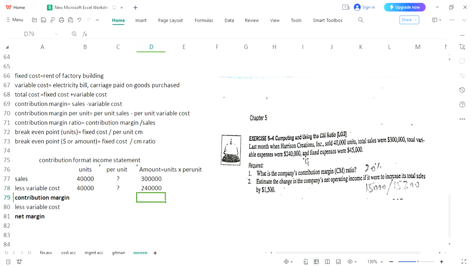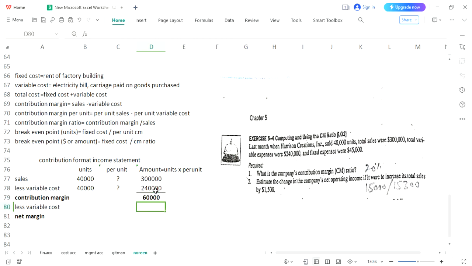240,000, after which you will calculate your contribution margin, and for contribution margin you will subtract variable cost from sales. How much sales do you have? That is 3 lakh, and you will subtract your variable cost, which is 2 lakh 40,000, present over here. This way you have calculated your contribution margin.